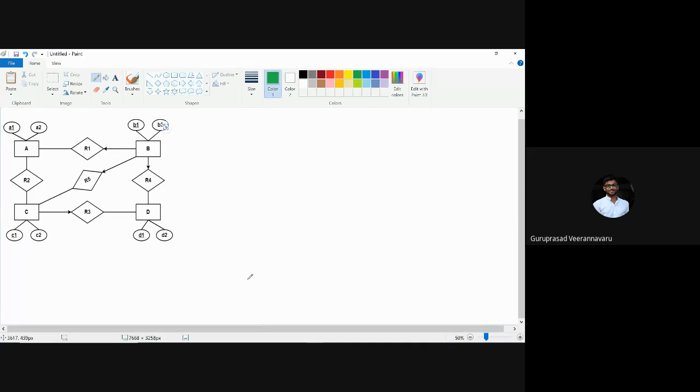B will have, let's call it B R1, R5, R4. So that table will be B1, comma, B2, comma, A1, comma, C1, comma, D1.